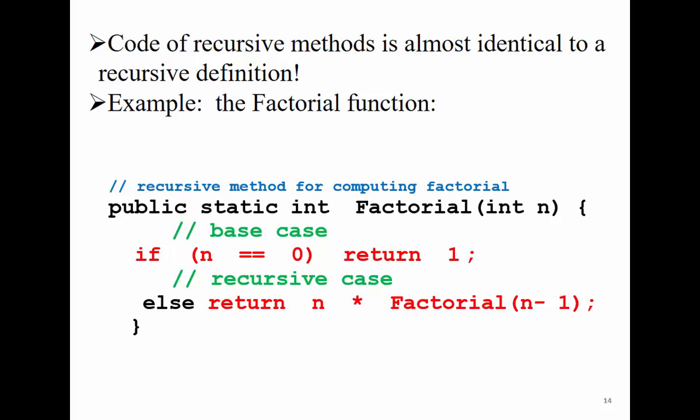So you can see here, do we have direct recursion or indirect recursion? We're doing direct, the method is calling itself. So this is a direct recursion. Okay, so this is the recursive call. Whenever n is not equal to 0, I'm going to do this recursive call, n times factorial of n minus 1.